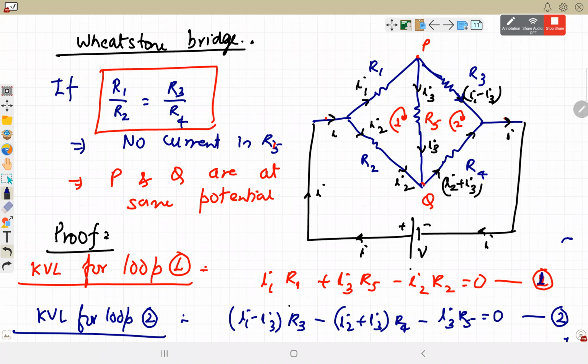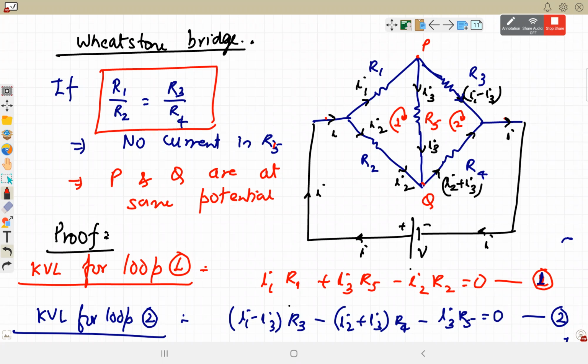Equation number 2. In these two equations, we haven't assumed the balancing condition yet.